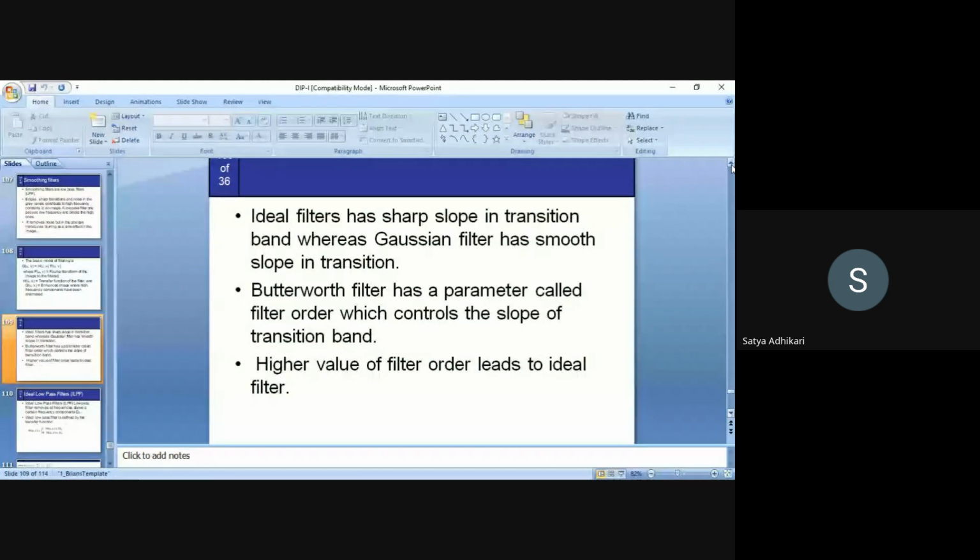An ideal filter has a sharp slope in the transition band, whereas a Gaussian filter has a smooth slope in transition. A Butterworth filter has a parameter called filter order which controls the slope of the transition band. A high filter order leads to the ideal filter.